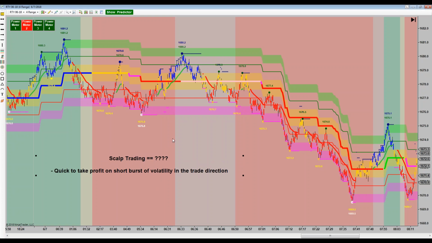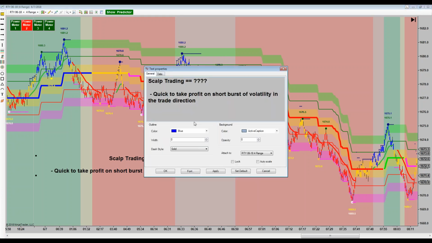Now, scalping can occur in two forms. Let me put that right on here, because we're going to discuss the two forms that it can take.